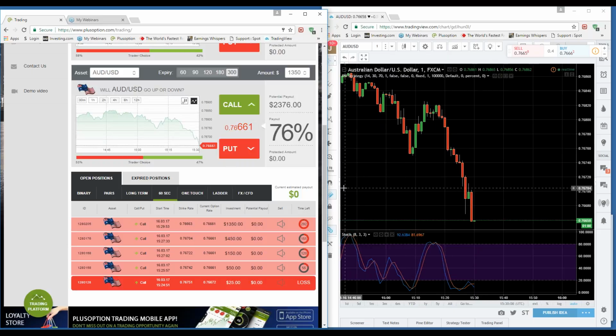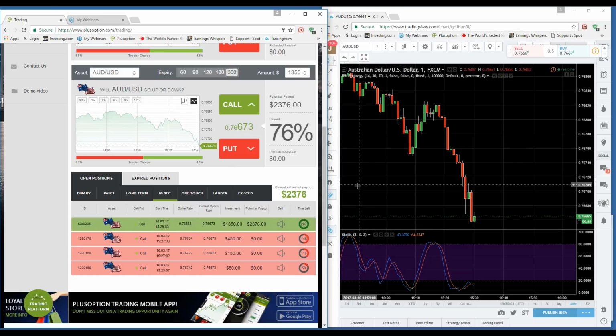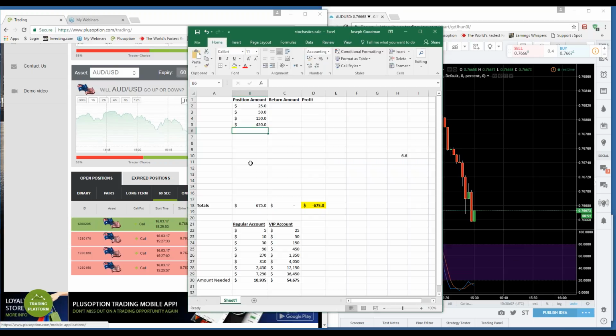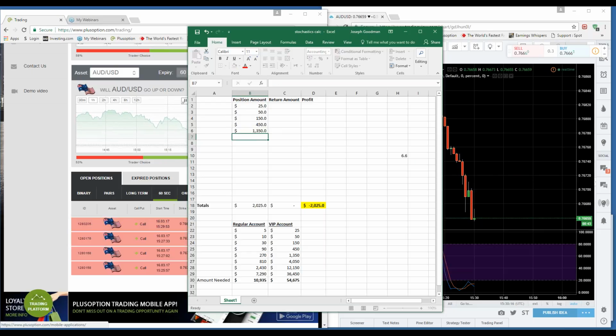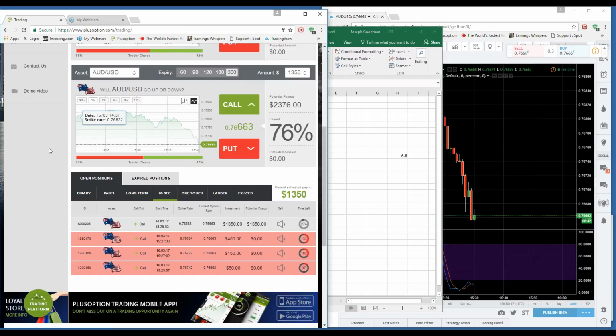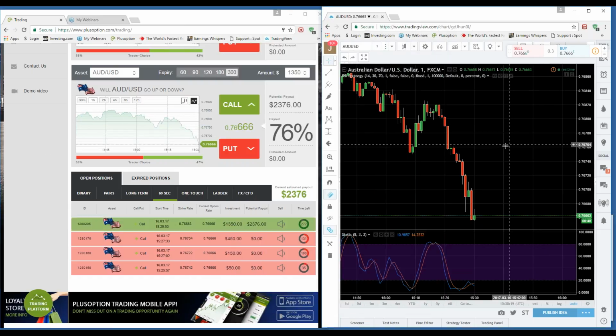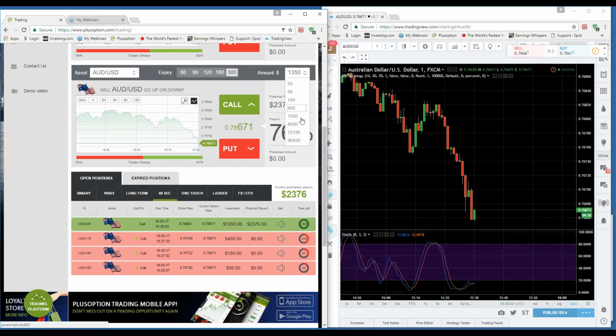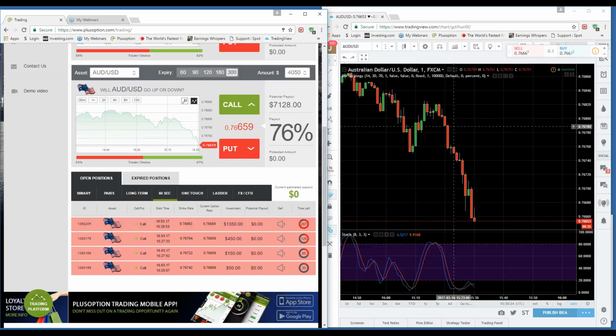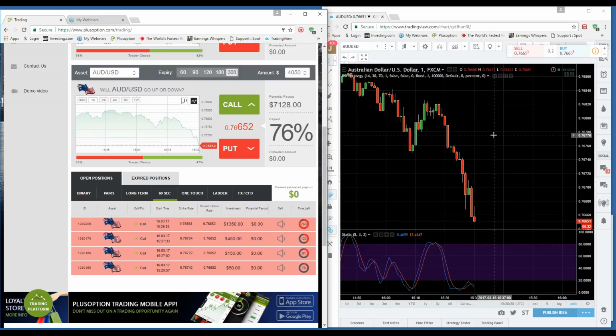The price jumped right back up as we took that last trade. We certainly have to wait now.